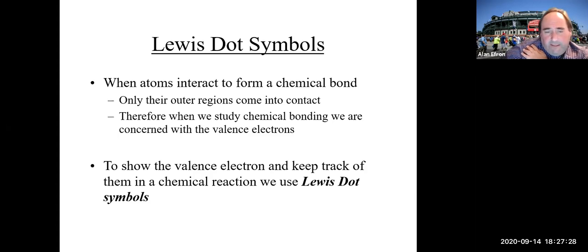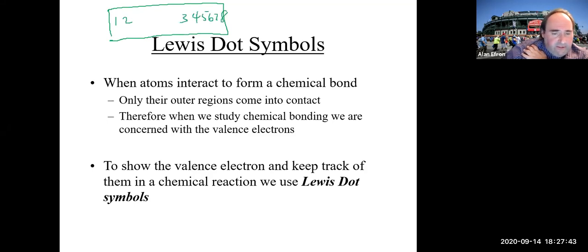And a reminder that the valence electrons you get from the electron configuration, or you could get from the group number on the periodic table. So everybody in group 1 has 1 valence electron, 2 valence electrons, 3, 4, 5, 6, 7, and 8 valence electrons. So the number of valence electrons equals the group number on the periodic table, and that's probably the easiest way to do it rather than write the electron configuration.